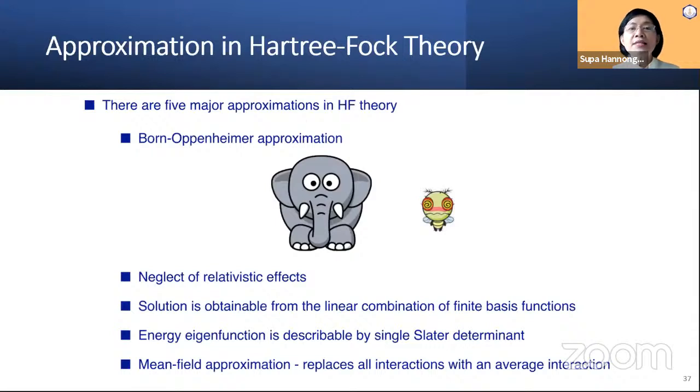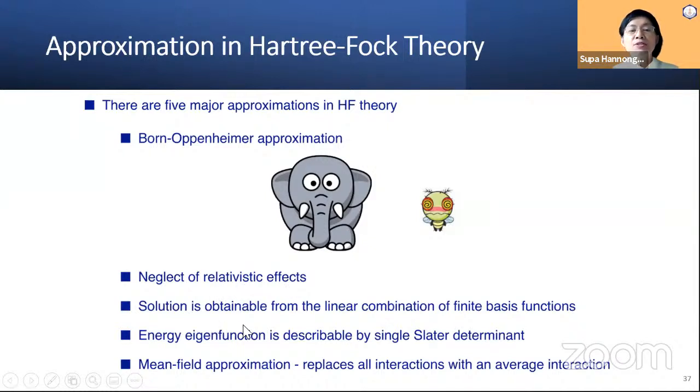So the approximations in Hartree-Fock theory, right? You remember that we have the major approximations. I would like to say that in ab initio there are actually so many approximations, but the major one is Born-Oppenheimer. You remember that we apply it to the Hamiltonian operator and also the wave function approximation, based on the big elephant and the fly. And we neglect relativistic effects.